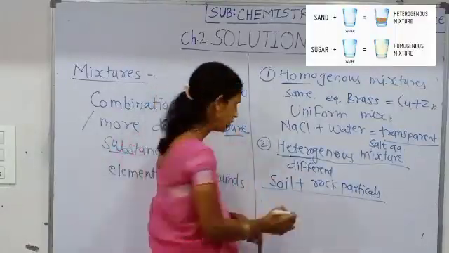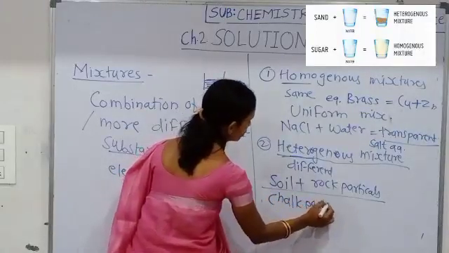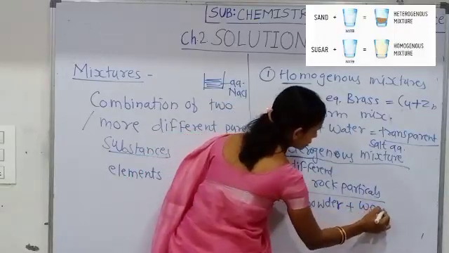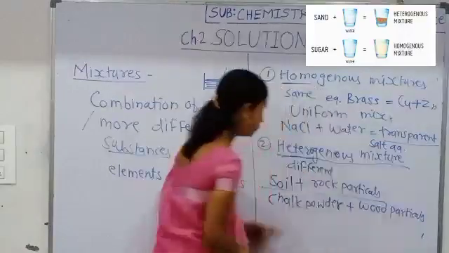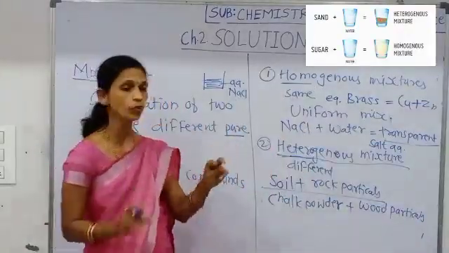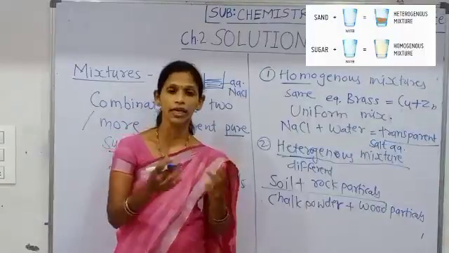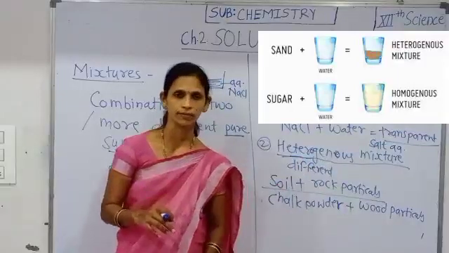Another is chalk powder mixed with wood particles, where we can see chalk particles and wood particles in the mixture by naked eye. These are heterogeneous mixtures.